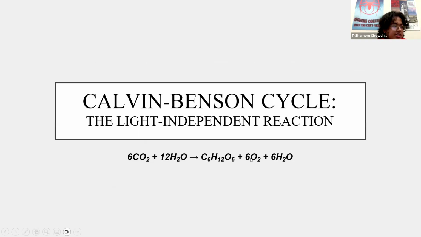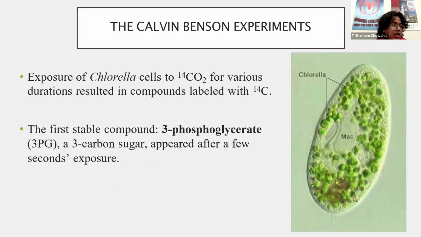All right, now we're going to talk about the Calvin cycle, which is the light independent reaction. Once again, definitely know your formulas. So how was the Calvin-Benson cycle even found? The experiments: you had chlorella cells exposed to radioactive carbon dioxide, so this was 14CO2.